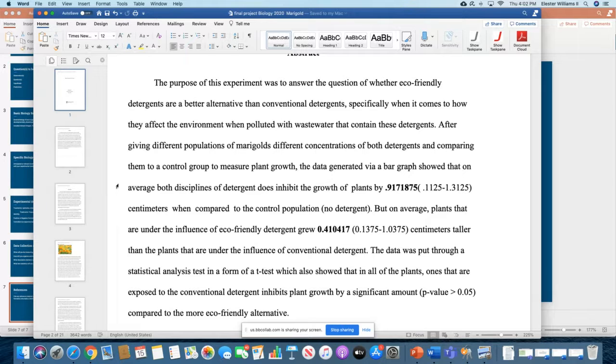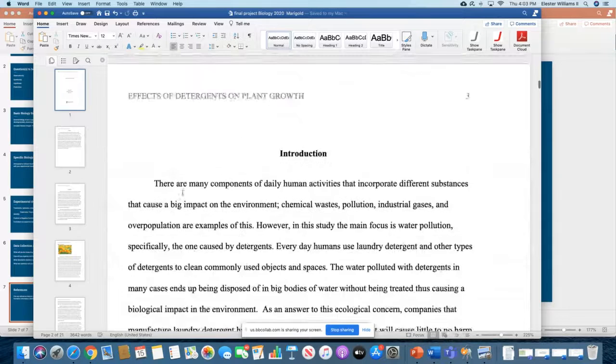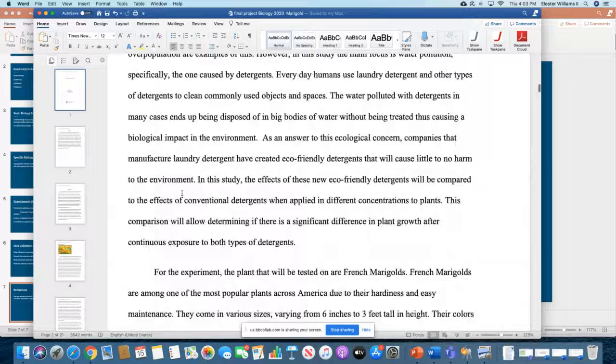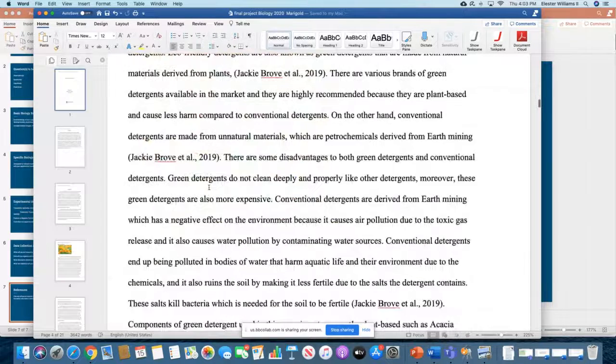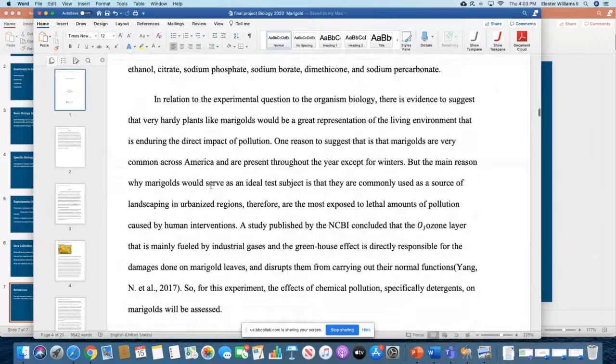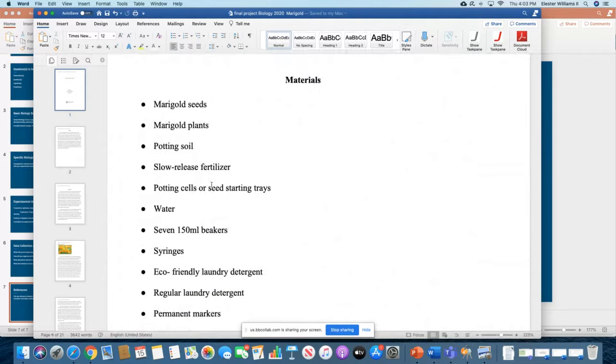Would it be damaged if you watered your plants with wastewater from washing your clothes? And so they looked and used marigolds specifically. And again, they're able to conduct this experiment in their own home. They looked at both germination as well as mature plants, and they give their explanations why.